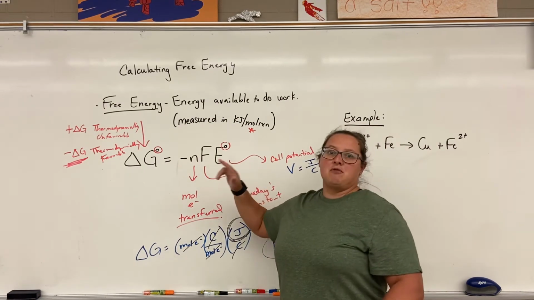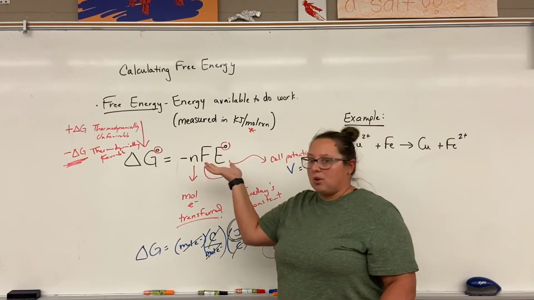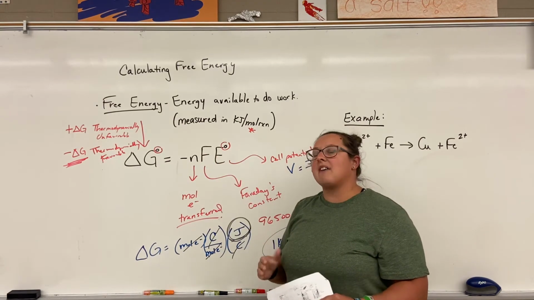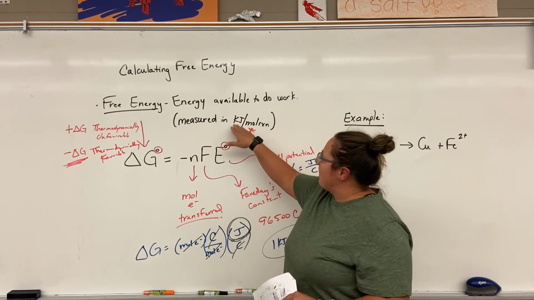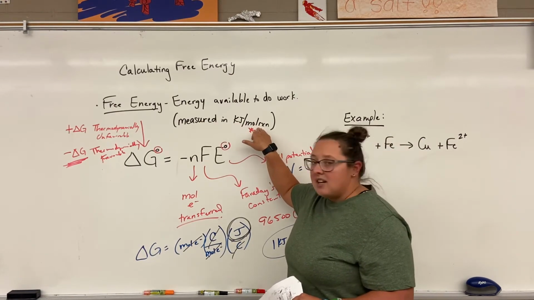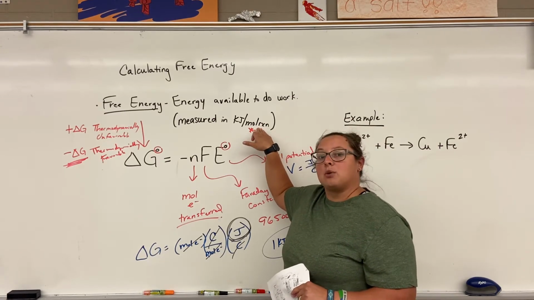So if we have double the reaction or triple the reaction, we would get double or triple the amount of delta G energy. This is specifying the amount of energy we get for one go round of the reaction, and it's very important that you include that.